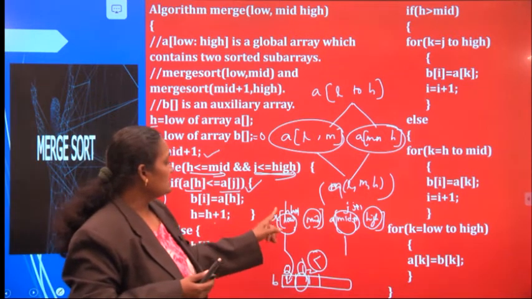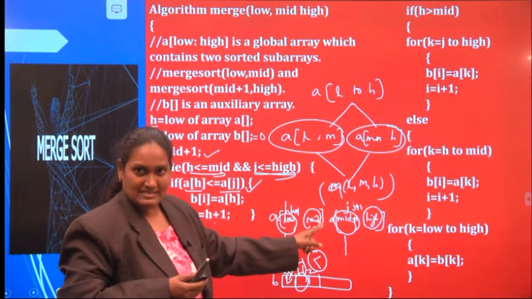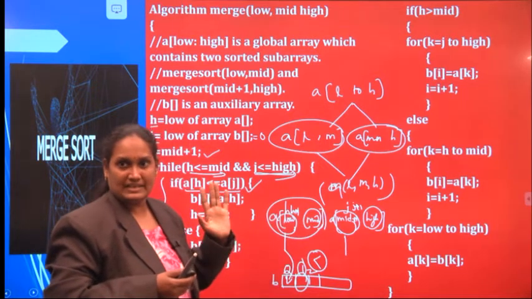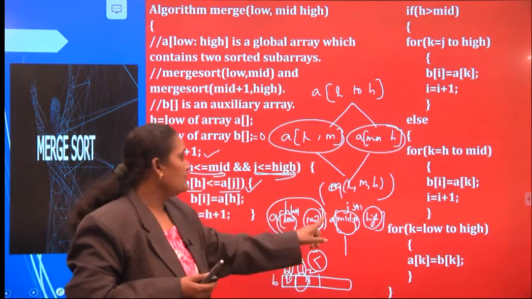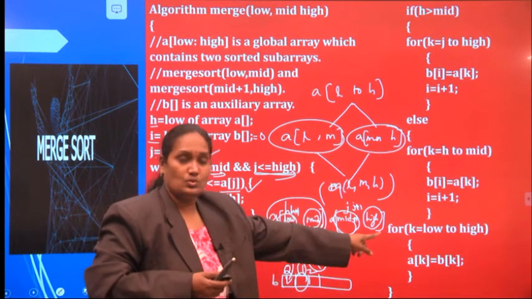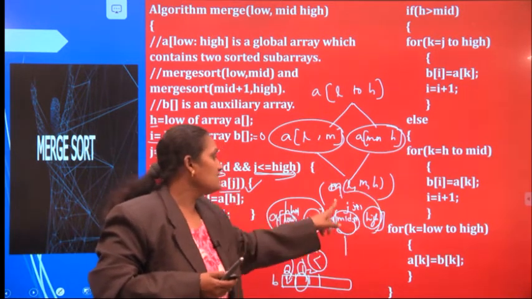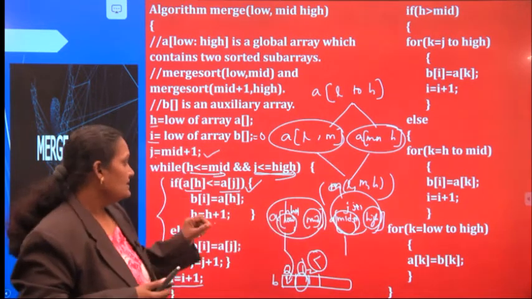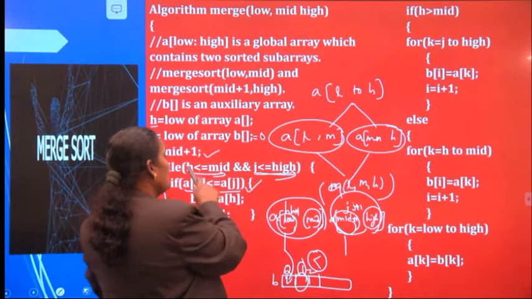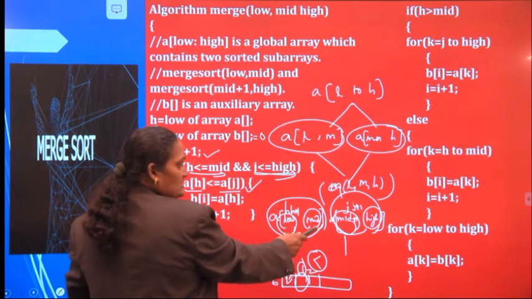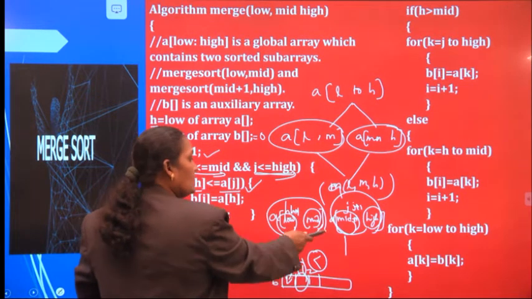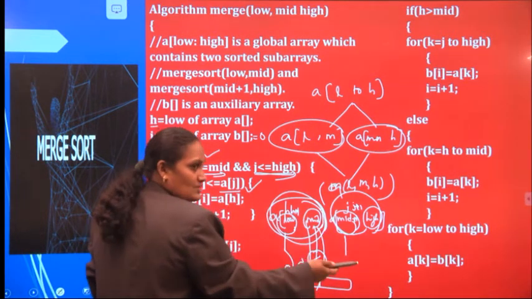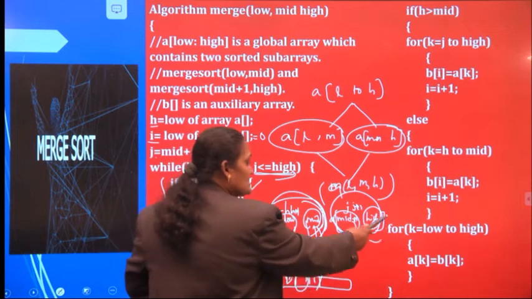If H reaches mid, all the elements in this subarray are completed. If J reaches high, all the elements in this subarray are completed. Suppose H reaches mid; that means all the elements in this subarray are copied to B, and only some elements are present in the other.